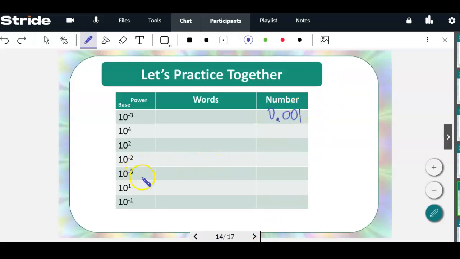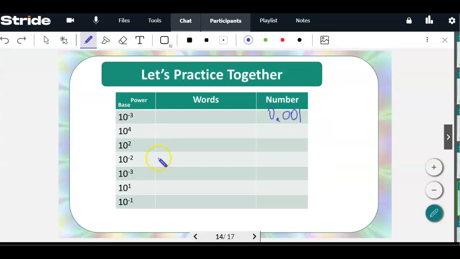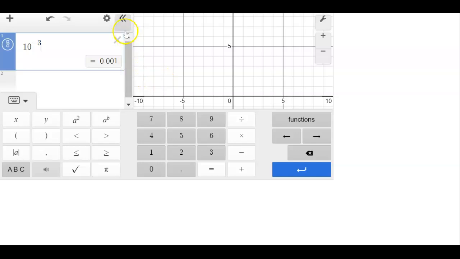Okay, so I'm going to do a couple of the negative ones. So let's do the 10 to the negative third power. Oh, we just did that. That's a repeat. Well, all right, then we'll do 10 to the negative second power. On the calculator, 10, raise that to the negative second.